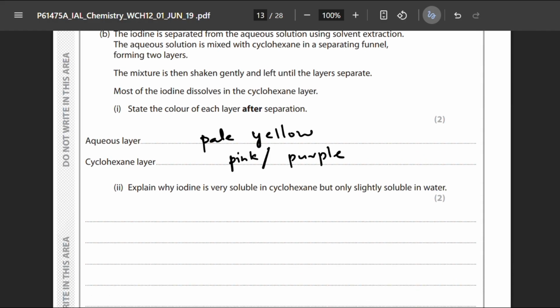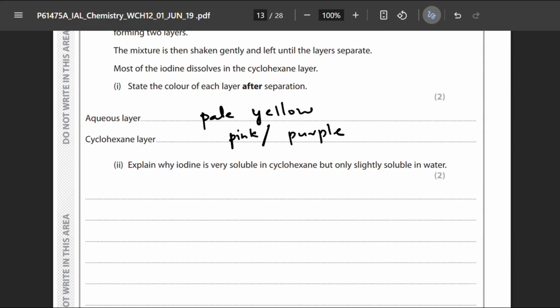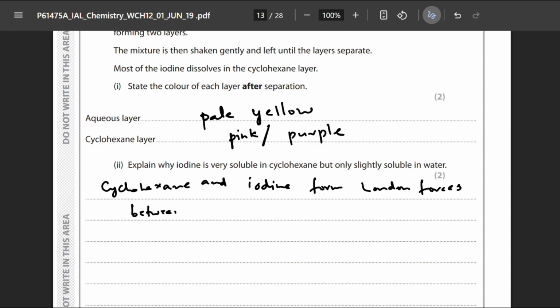Now explain why iodine is soluble in cyclohexane but only slightly soluble in water. Cyclohexane and iodine form London forces between molecules.